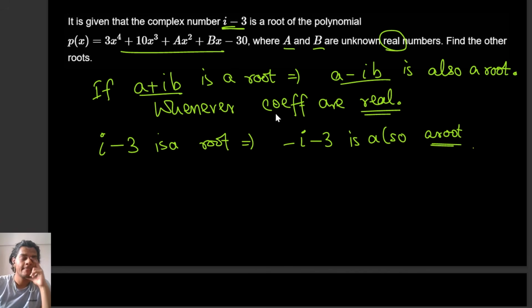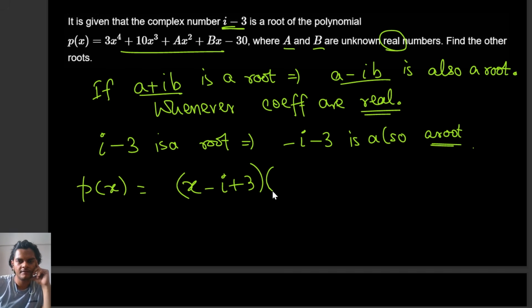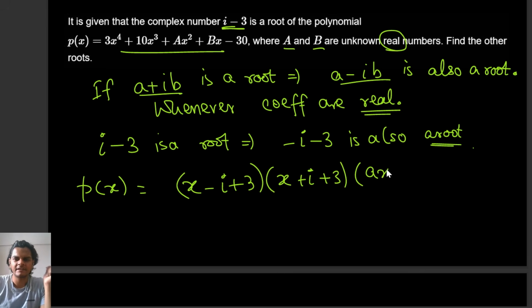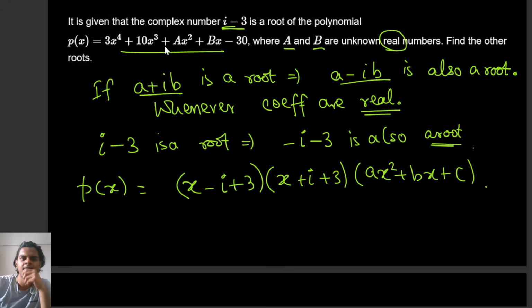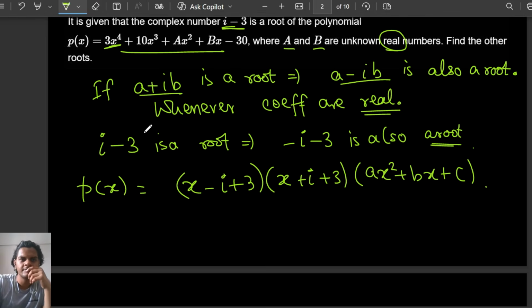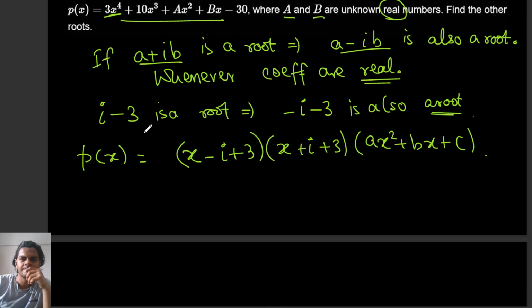Right? So we can write P of x as x minus i plus 3 into x plus i plus 3 into some ax square plus bx plus c, right? Because it is a degree 4 polynomial.